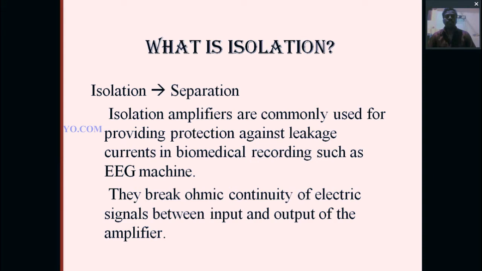The recorder picks up the signal from the electrodes, it is amplified, and it is finally displayed on an oscilloscope. It looks like a small TV. In a cathode ray tube oscilloscope they are using high voltage in the range of 1000 volts. So this input is displayed on the oscilloscope.